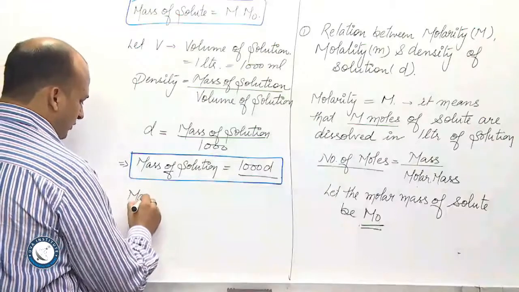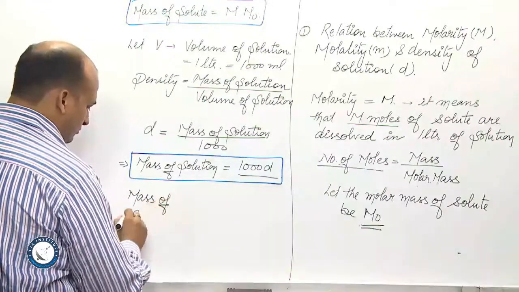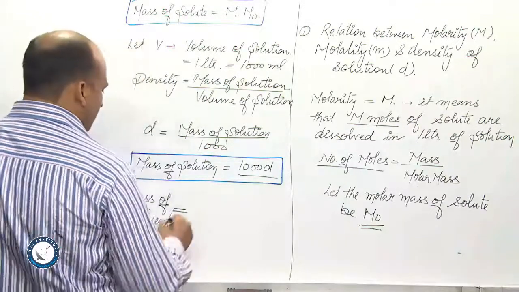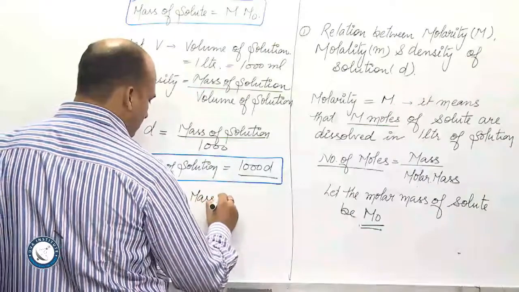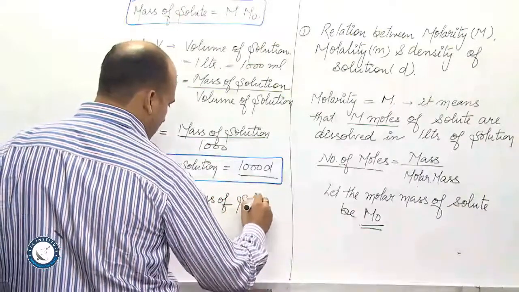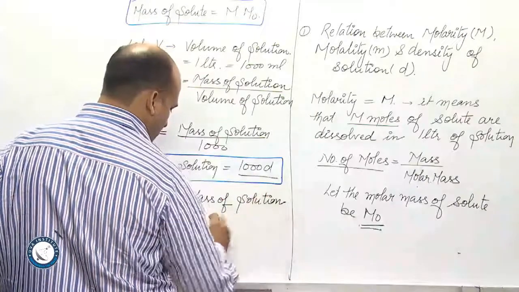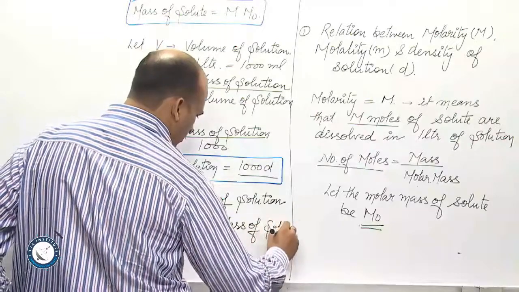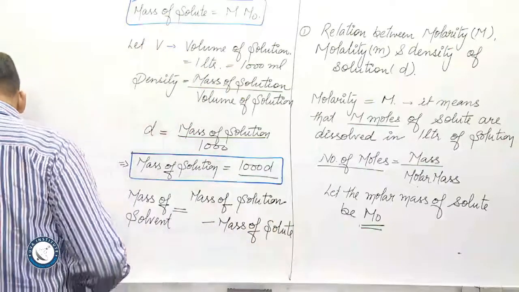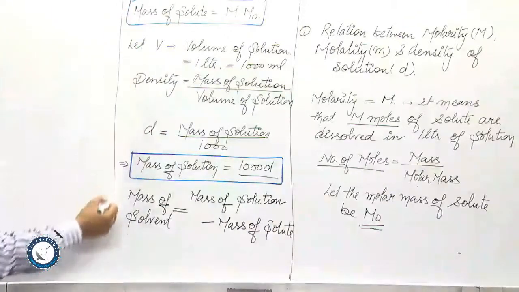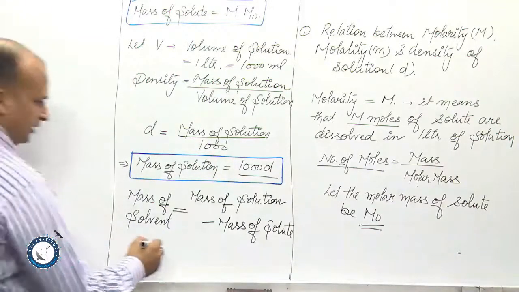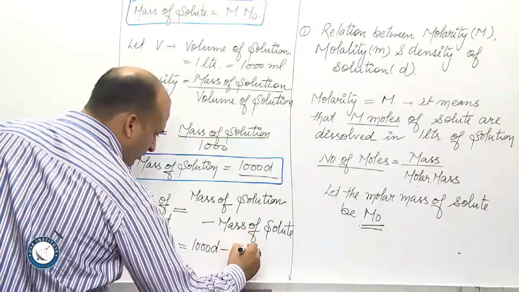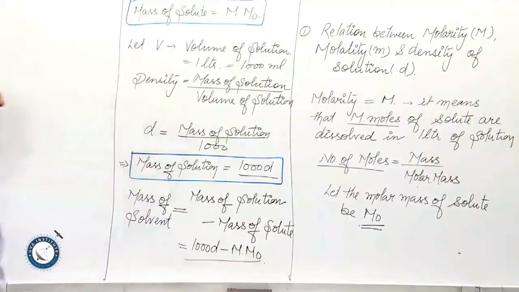Mass of solvent is equal to mass of solution minus the mass of solute, right? So mass of solution is 1000 D and mass of solute is M into M naught. This is the mass of solvent.